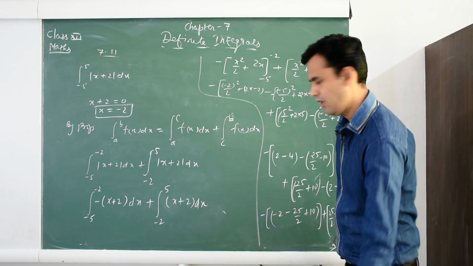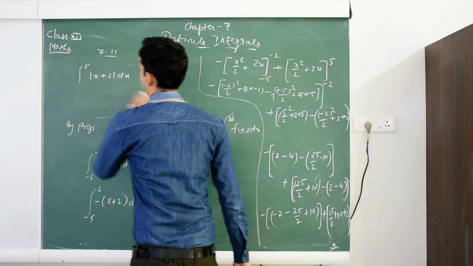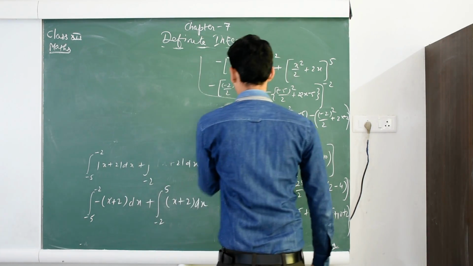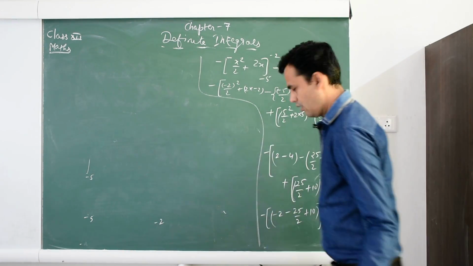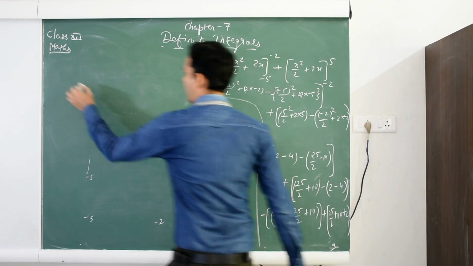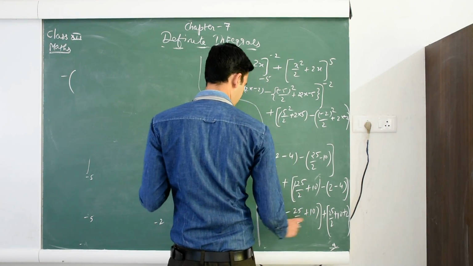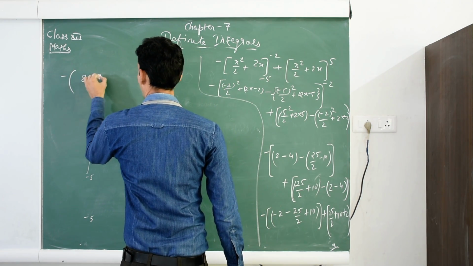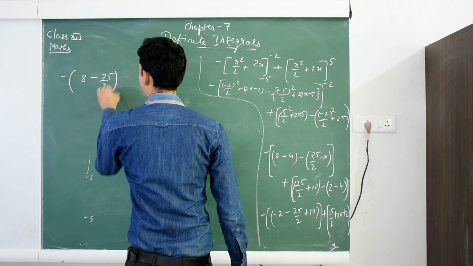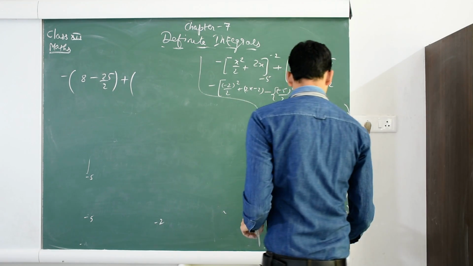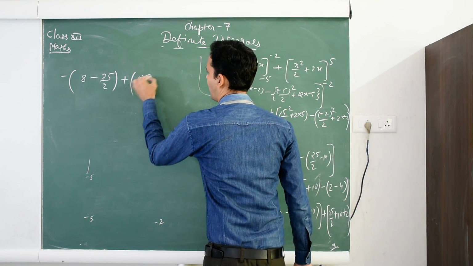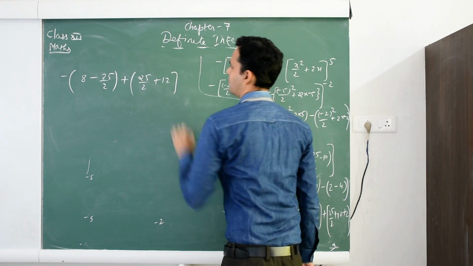So we get minus, this 10 minus 2 means 8, minus 25 by 2 plus, this is 25 by 2 plus 12.